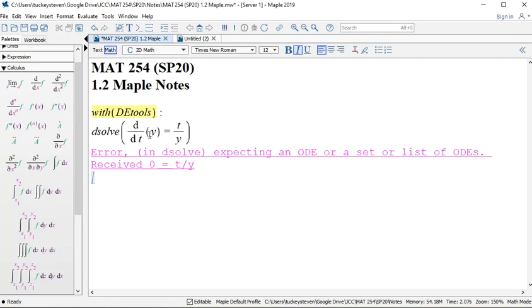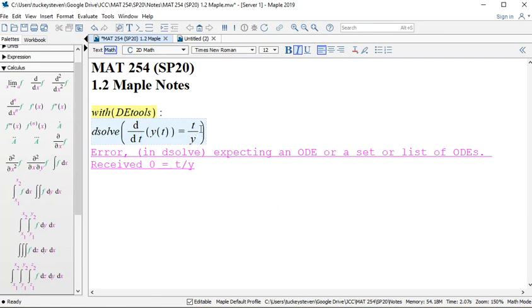In other words, Maple's saying the derivative of this constant y is equal to 0 because it doesn't see y as a function of time. So you have to type in y of t or else Maple won't see it as a function. And of course, you have to use the same variable here that you do in the denominator here, or else Maple won't recognize it as a function.